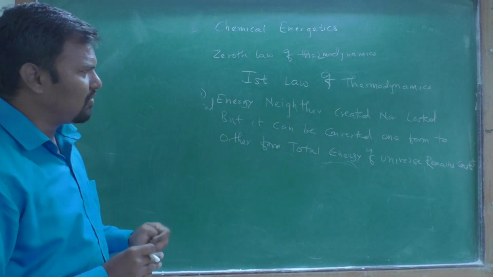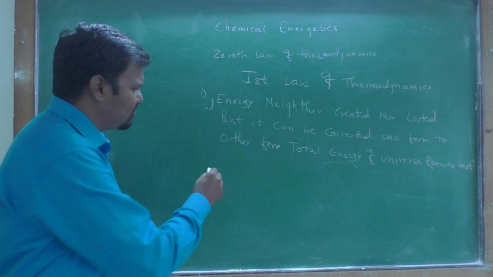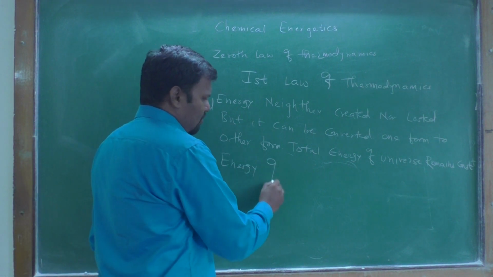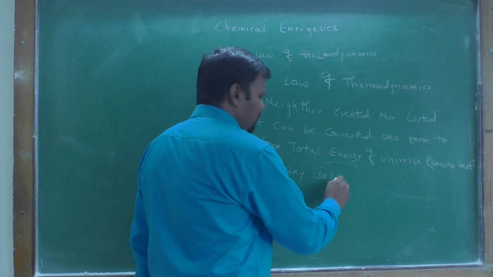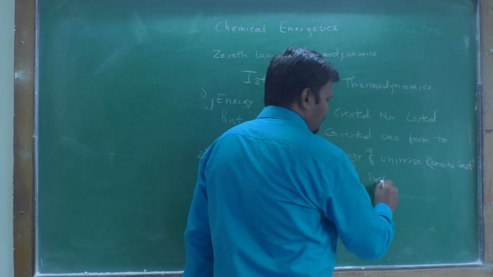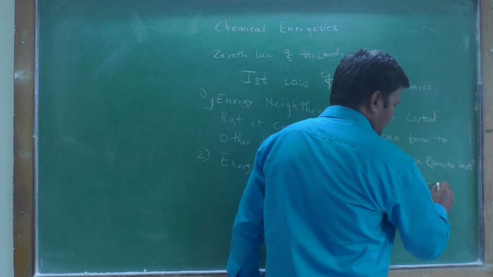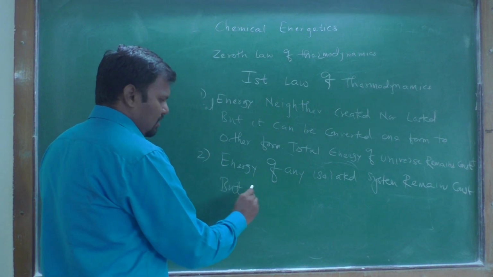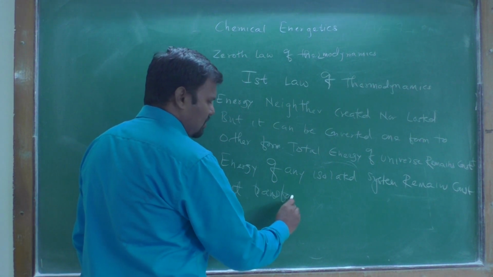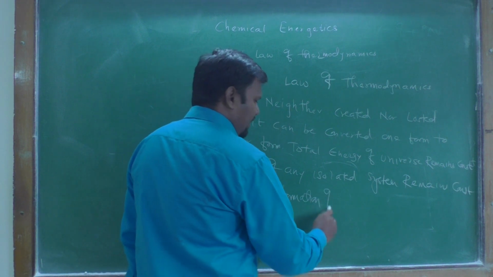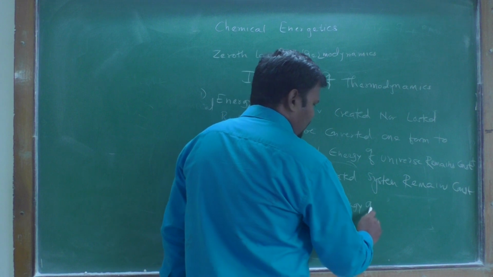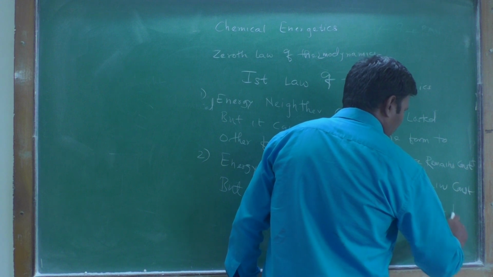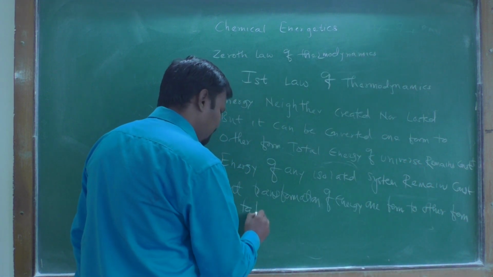There are a number of statements for the first law of thermodynamics. The second statement: the energy of any isolated system remains constant, but transformation of energy from one form to another form takes place.